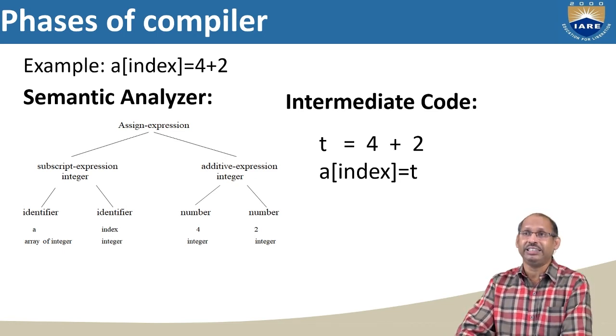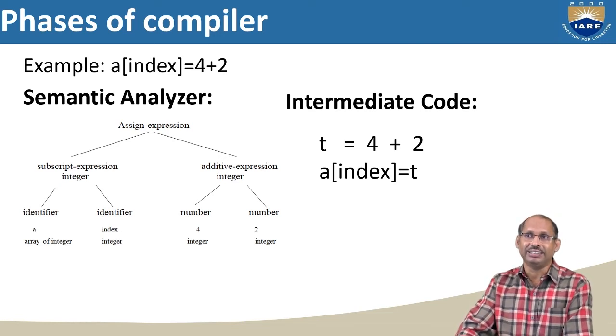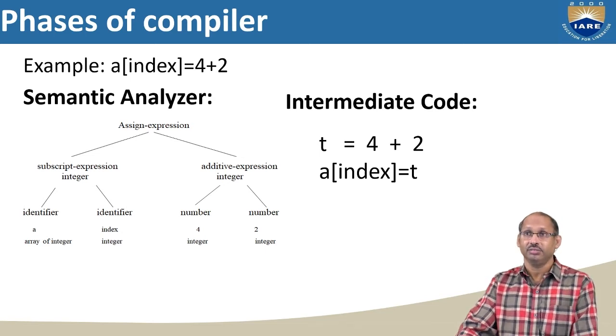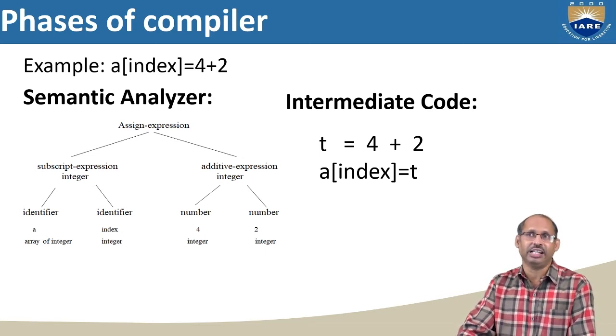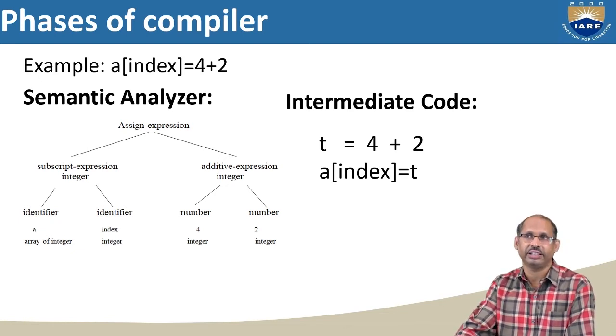The t is a temporary variable. The temporary result is assigned to A of index. Right? This abstract syntax tree is converted to an intermediate form: t equal to 4 plus 2 and A of index equal to t. Right?